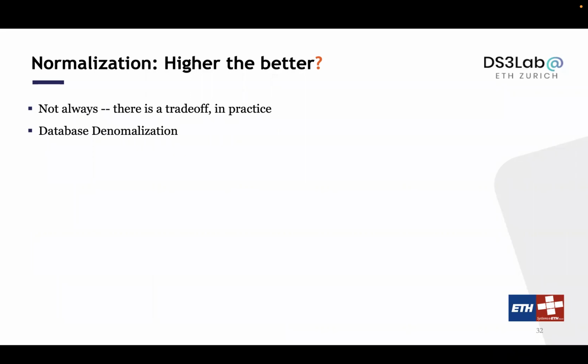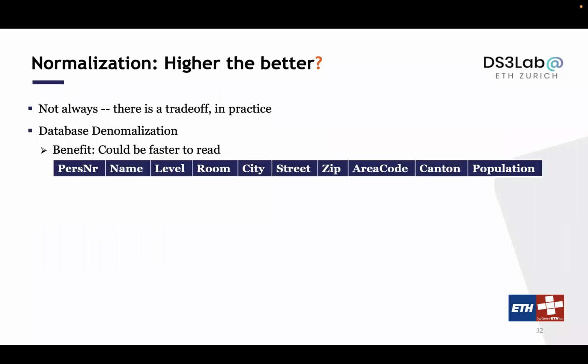So in practice, people actually want to do denormalization, like normalization is the process that you go from a lower normal form to a higher one, right? So in practice, people actually want to do denormalization for many applications because it also provides benefits, right? For example, if you look at this very big table, right, it contains a whole bunch of information.